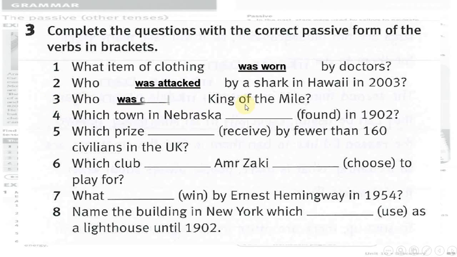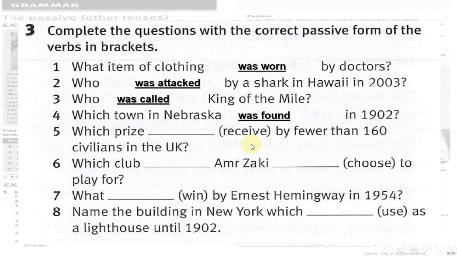Who was called king of the mile? Who called him king of the mile? So go back to unit 3 and find the answer. Number 4, which town in Nebraska was founded in 1902? The only village, because many people, let's say, left the countryside and moved to the city.